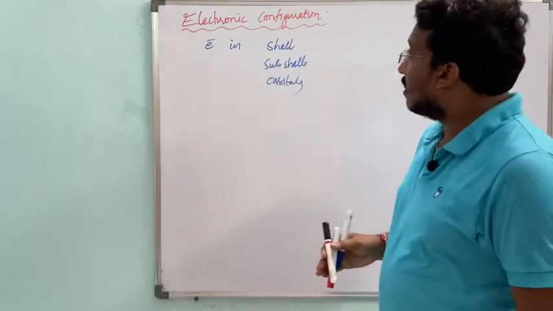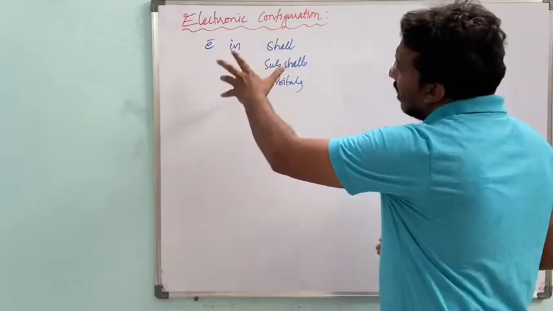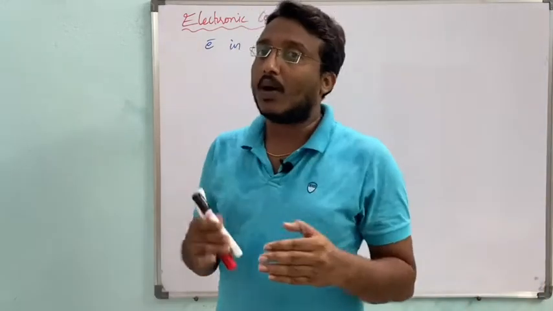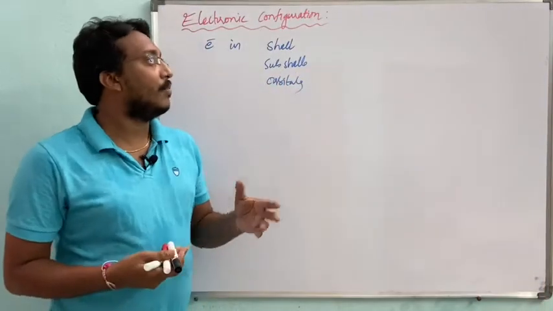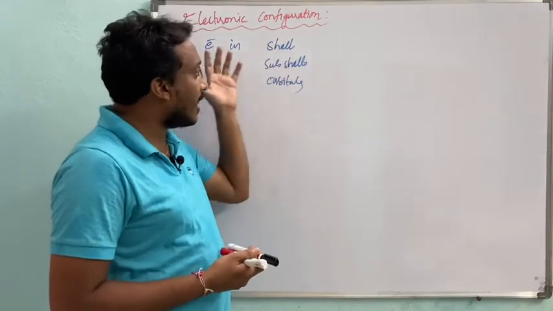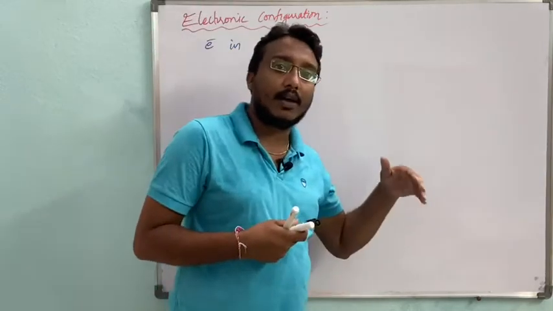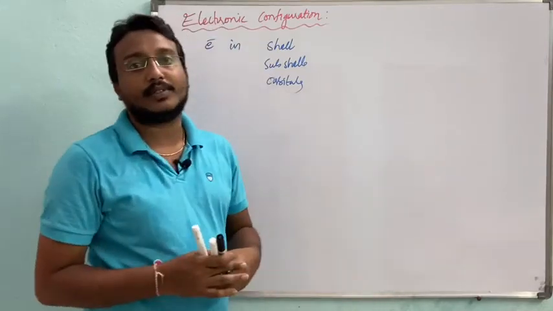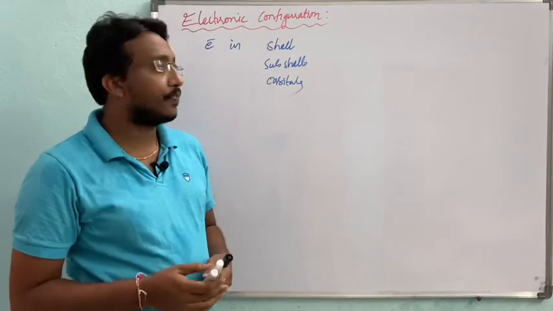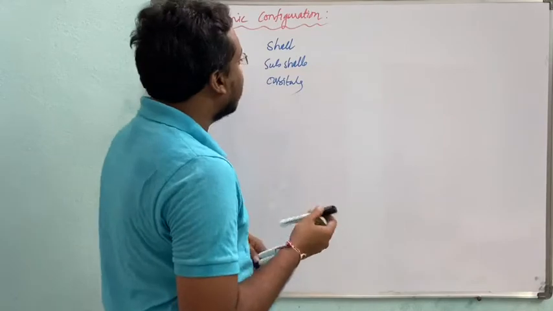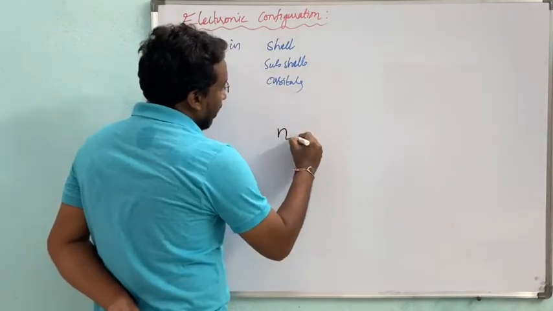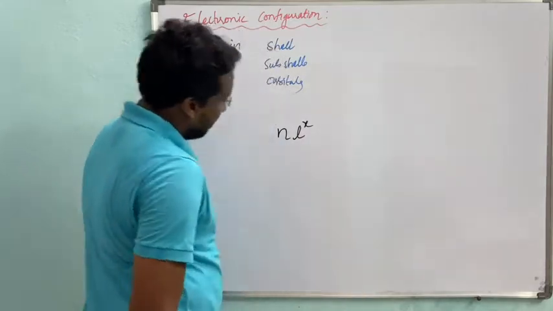We have to know the electronic configuration of given atoms because by the electronic configuration, we can know the reactivity nature of the atoms. Then in a simple notation, electronic configuration is written as nlx.